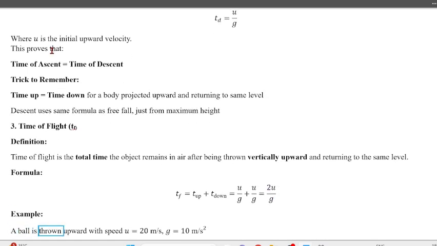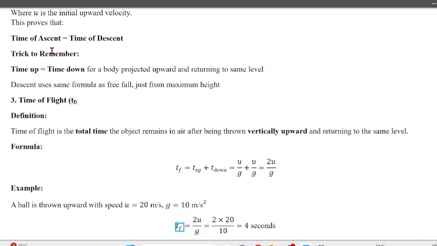Example: a ball is thrown upward with speed u equals 20 m/s, g equals 10 m/s². T sub F equals 2u over g equals 2 times 20 over 10 equals 4 seconds.